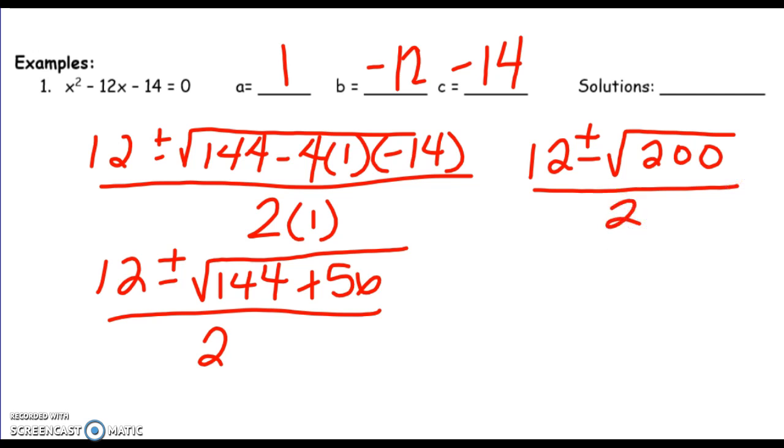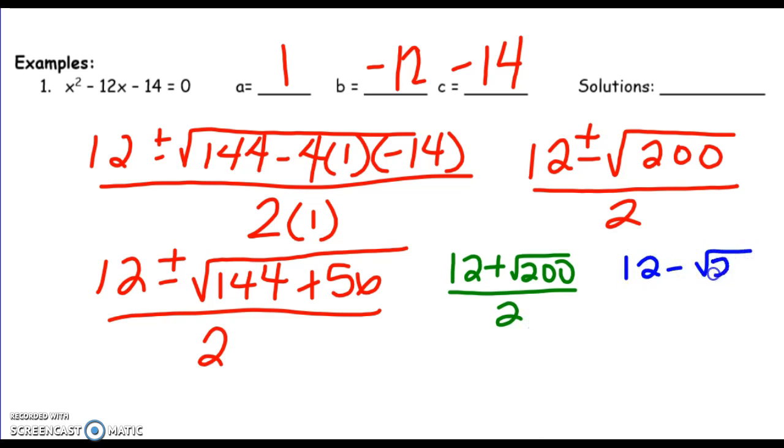So now I need to divide and simplify. Right now I've got two equations, but I can't really solve them with my plus and minus in here. So my first equation is going to be 12 plus the square root of 200 divided by 2. And my second equation is going to be 12 minus the square root of 200 divided by 2.